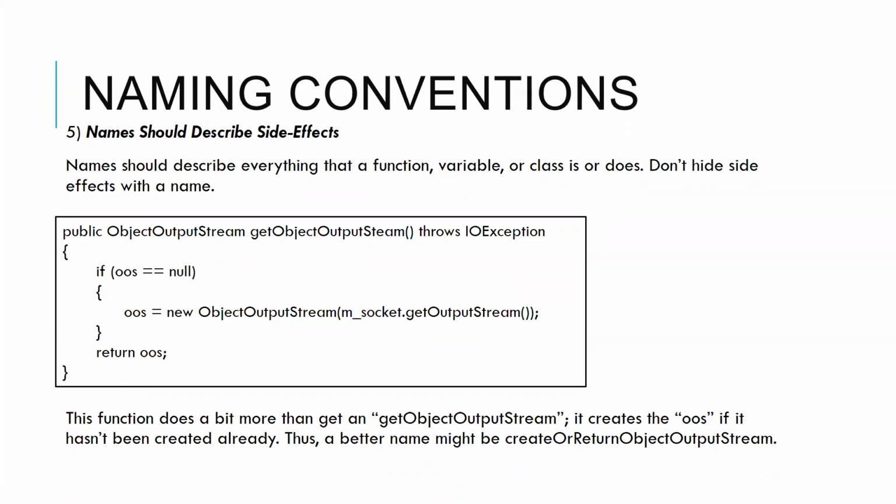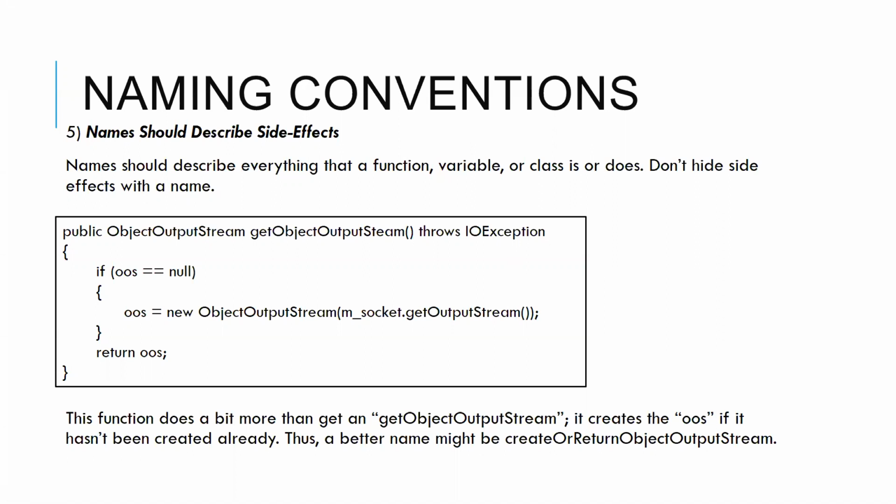Now, let's look at the function defined here, get object output stream. If you look carefully at the code in this function, it first checks if the variable OOS is null, then it assigns a new instance of object output stream to this variable and then returns it. But if the variable OOS is not null, then it simply returns that variable.